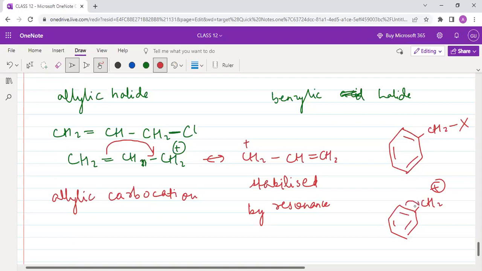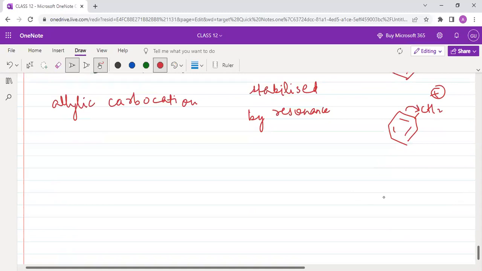This bond will shift here, so it will form a double bond to CH2 and here the positive charge will come. Then this bond will shift here, positive charge will come, and then this bond will shift here. That means this carbocation is also stabilized through resonance.